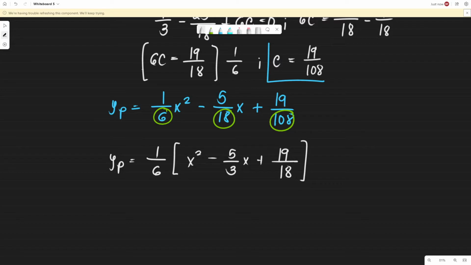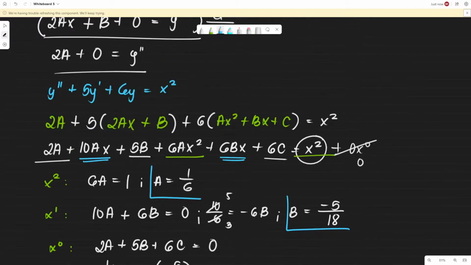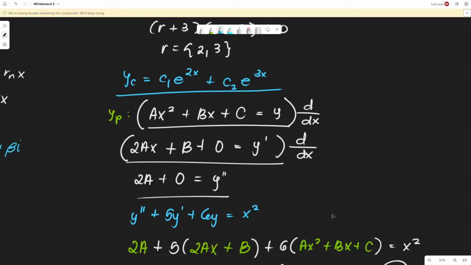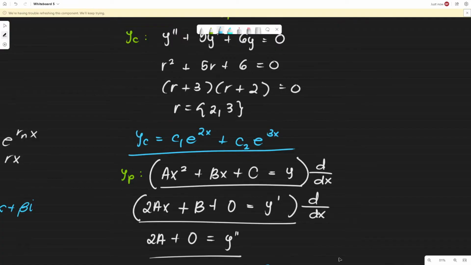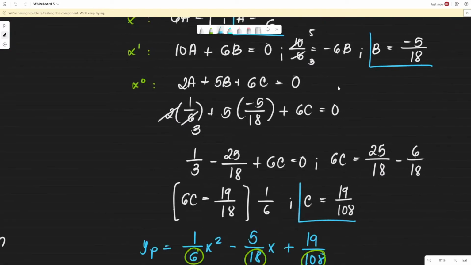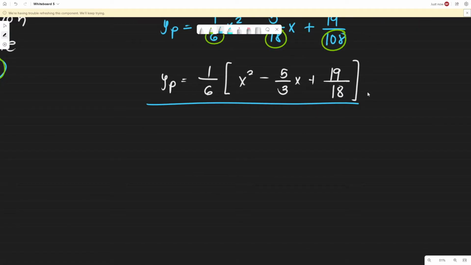Okay, so pag-combine na lang natin yung ating YP at saka yung ating YC for us to determine the final general solution, no? So, ano nga yung YP natin, YC natin ulit? C1 e raised to 2x plus C2 e raised to 3x, no?